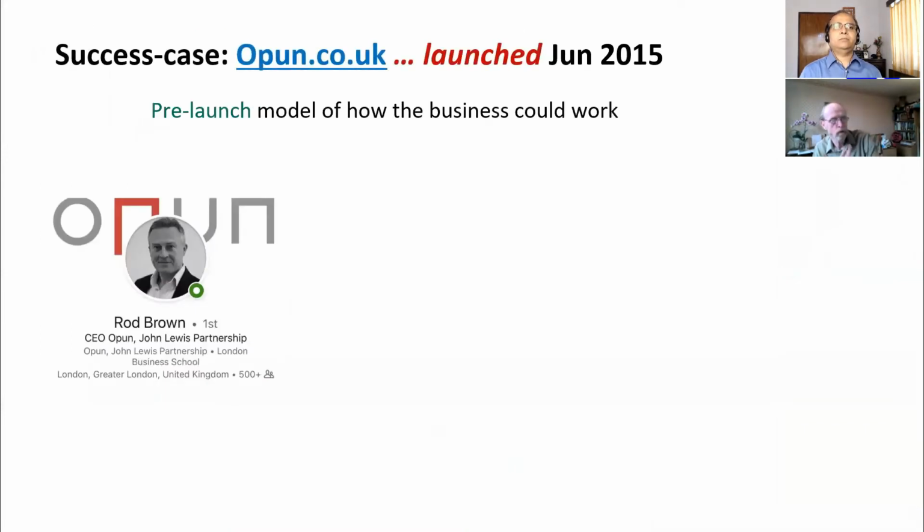This is Rod Brown. He's the guy who built this business. Now, what did he do? Well, he actually built this model before he started the business. He built it in his office at home before he'd raised any money, before he'd hired any people, before he'd got any finance directors or marketing heads or anything of that kind.